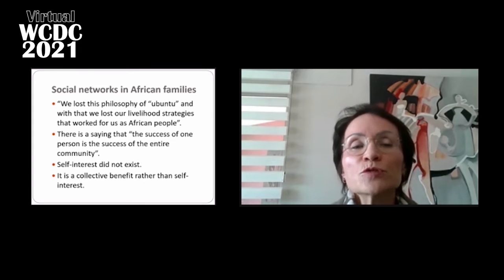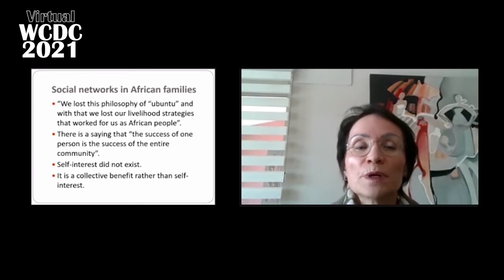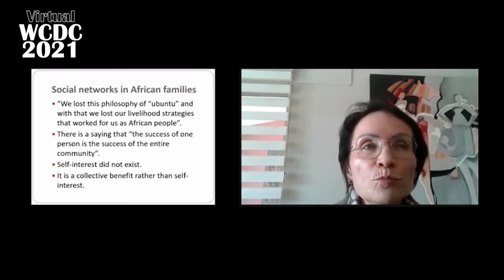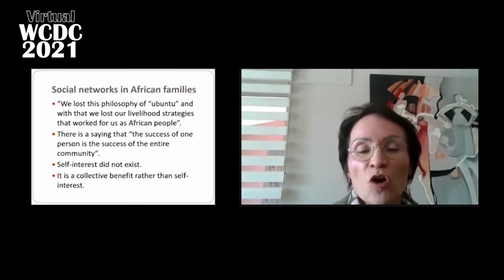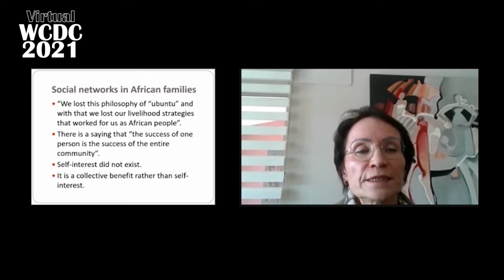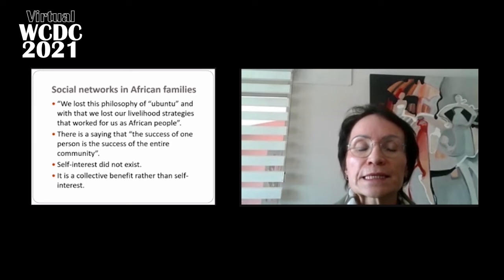If we do community development, then for sure Ubuntu is a very strong driver of community development. There is a saying that the success of one person is the success of the entire community. Self-interest did not exist.